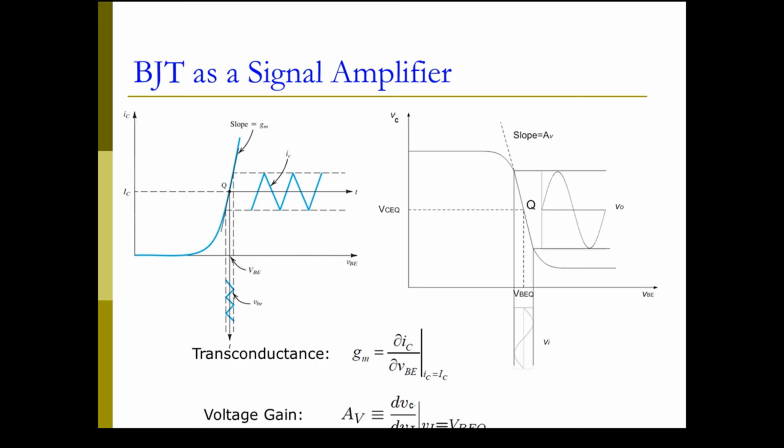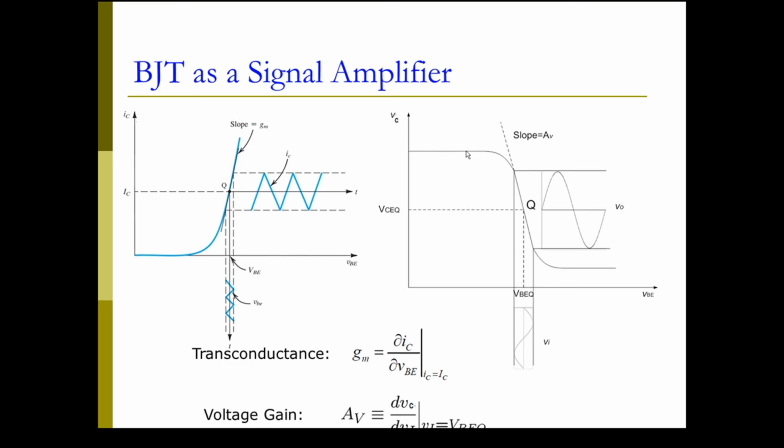The next term is called voltage gain, how much voltage we amplified. This voltage gain is defined by another characteristic. Now we plot the x-axis still as the VBE, but the y-axis becomes our VC, or VCE here.